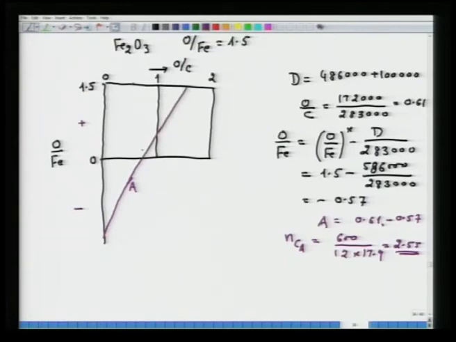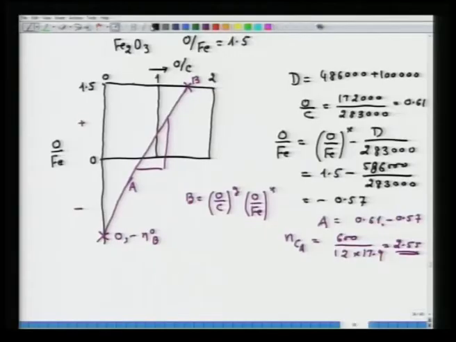This is the slope of the line, and this particular point, if I call it B, is the O by Cg value, the top gas analysis, corresponding to O by Fe x, and this point is 0 and minus NOB. The slope of the line we have fixed by calculating NCA, so this is equal to 2.55. That is how you represent it graphically.